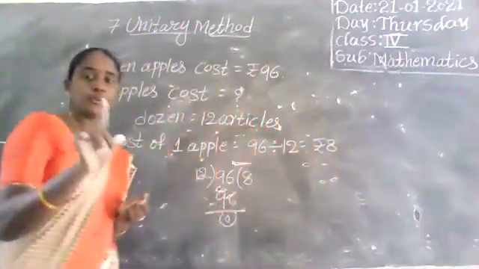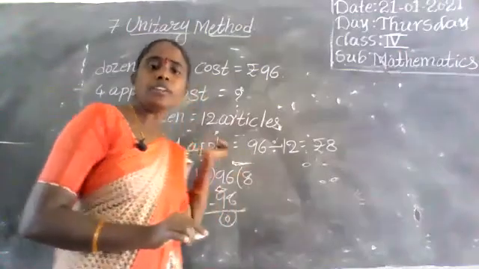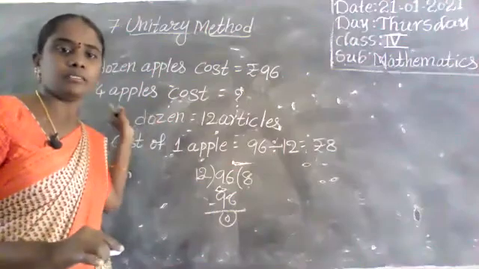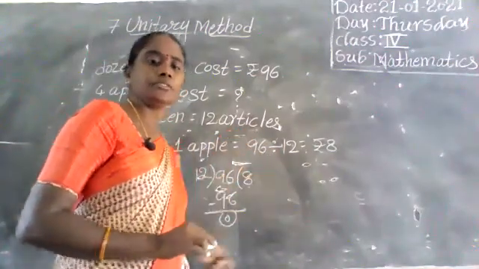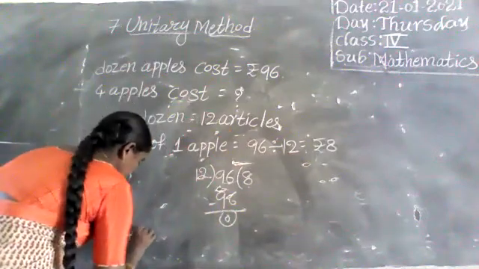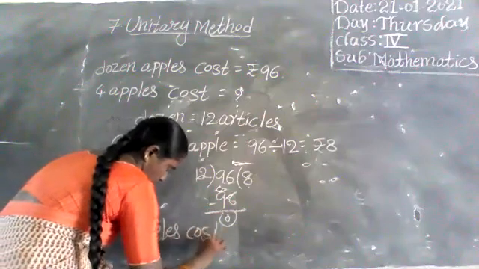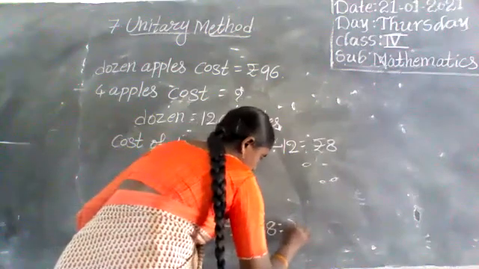Yes, 8 rupees is the cost of one. One apple costs 8 rupees. Now we can very easily find the cost of 4 apples by multiplying. 4 into 8, 4 8s are 32. Very good, Vignesh. 4 8s are 32.